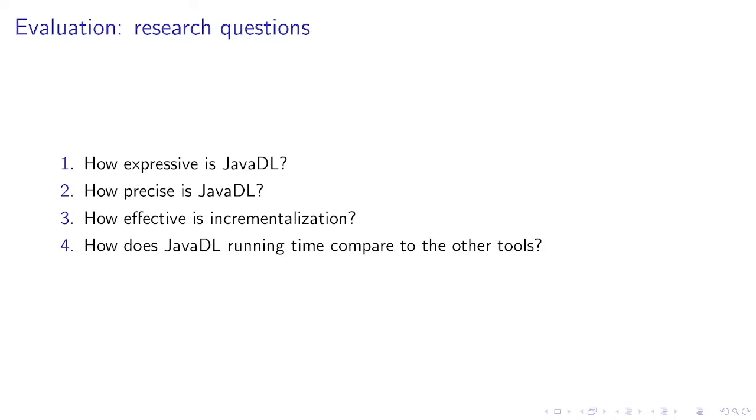So far, we have shown that we can automatically incrementalize analysis written in JavaDL, but we still have to understand if JavaDL is a practical language for specifying static bug checkers. To this end, in our evaluation, we assess the expressiveness, the precision, and the performance of JavaDL.